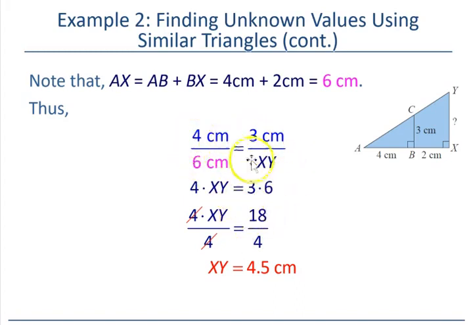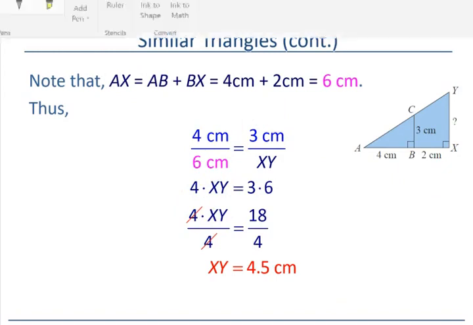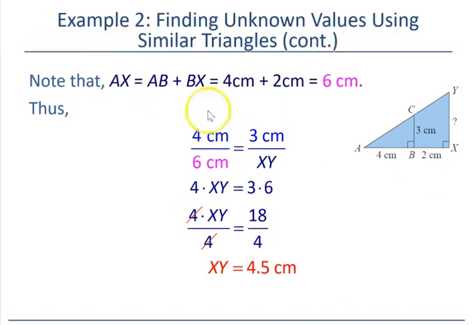Notice what's happening here: they're cross multiplying and then dividing by 4. This literally turns into a proportion problem. This one gets a little convoluted because of all the letters, but if I got rid of all the units, you would just see a proportion that you would know how to solve.